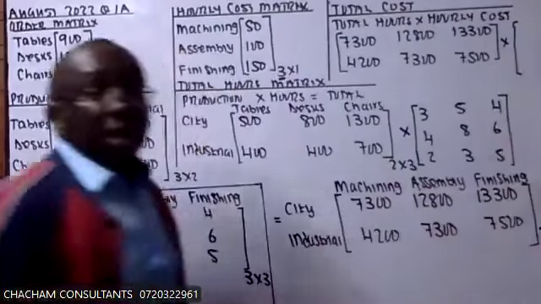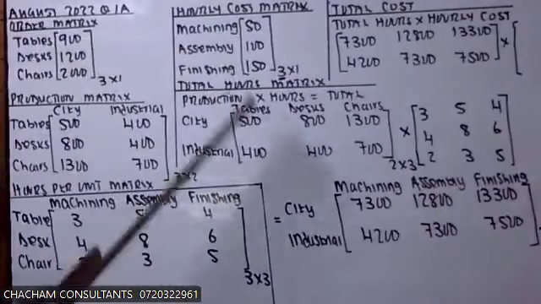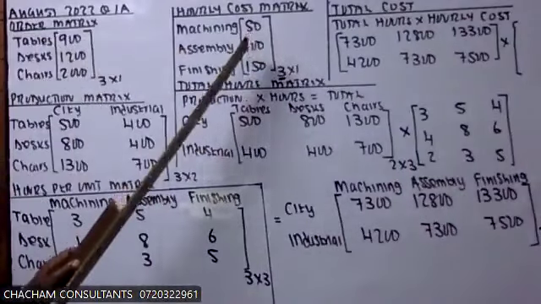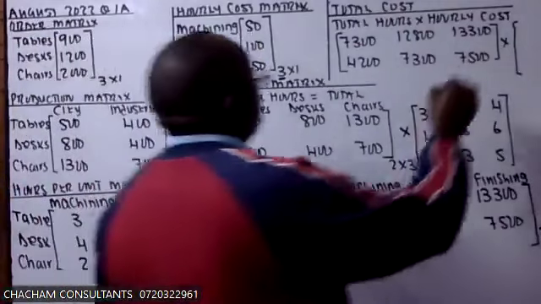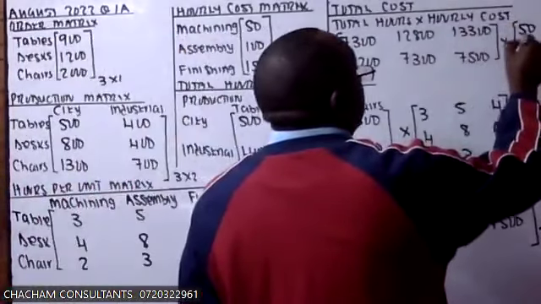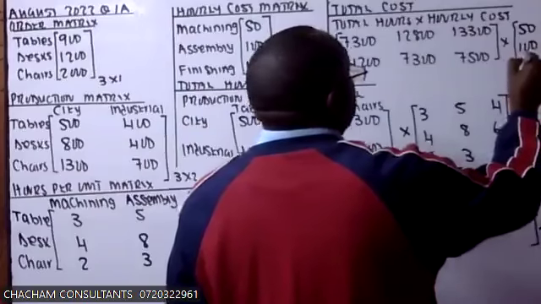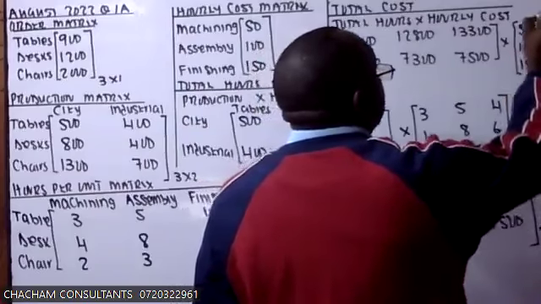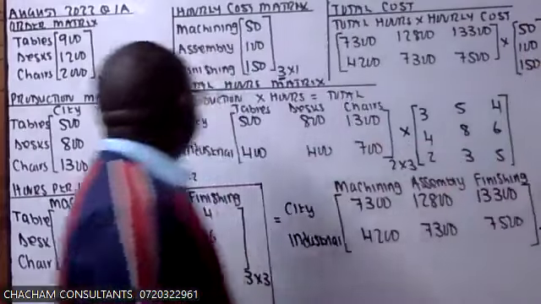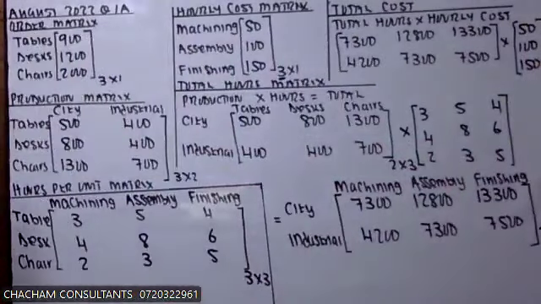We now multiply by this one. 50, 100, and 150.